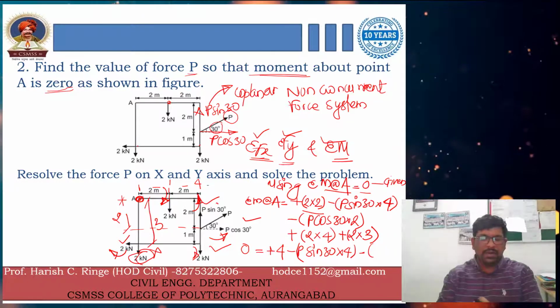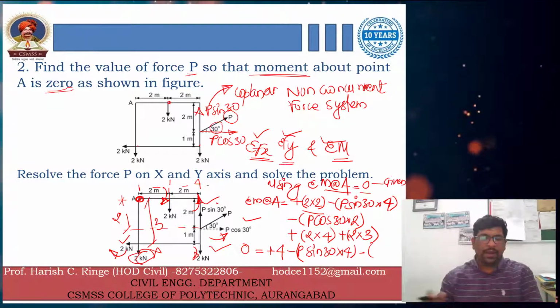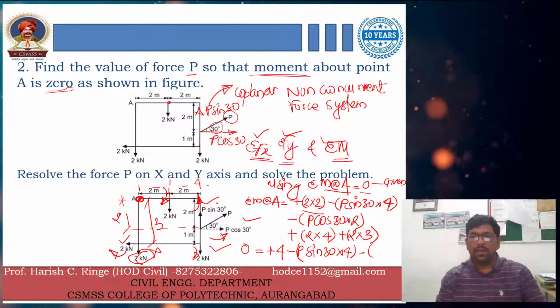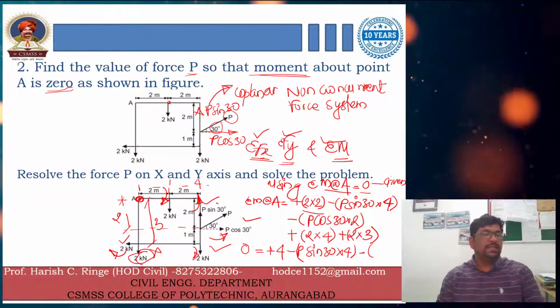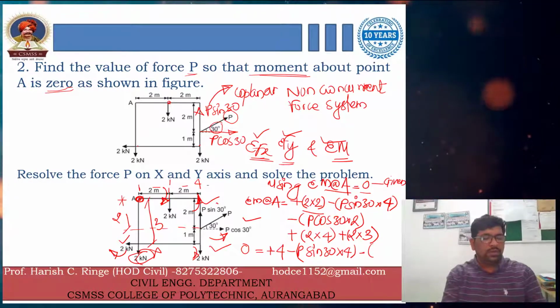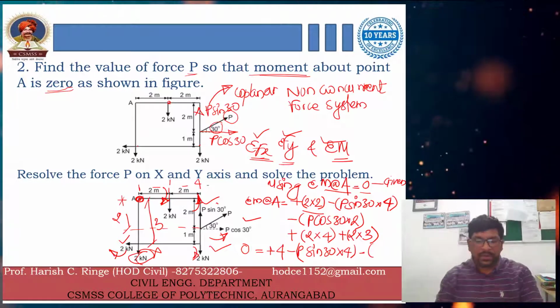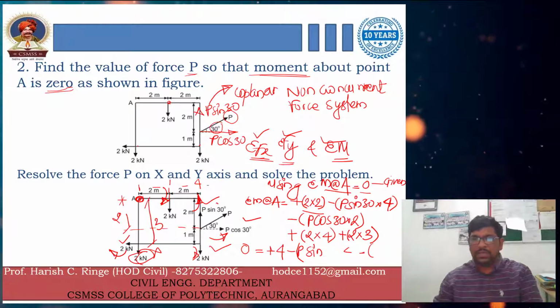Sin 30 is nothing but, okay, so cos 30 I'm going to find out. So cos 30 is nothing but the value of cos 30 is how much? The value of cos 30 is 0.86, right? So we are going to find out this particular value cos 30 and sin 30.